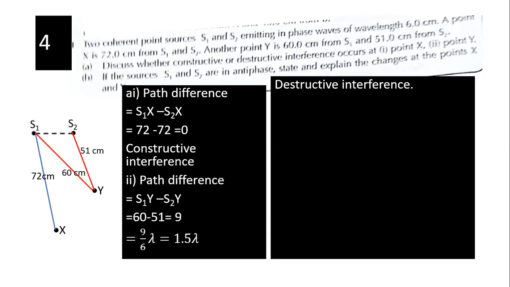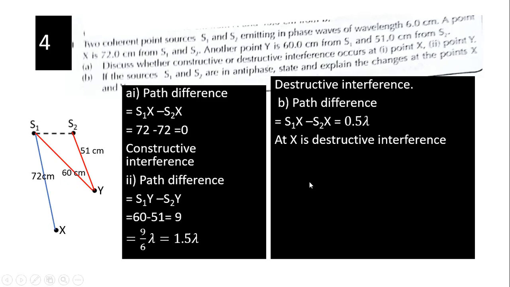Constructive or destructive? It will not be constructive. There's a phase difference now. So if there's a phase difference of antiphase, 180, then it's half lambda. So destructive at X.